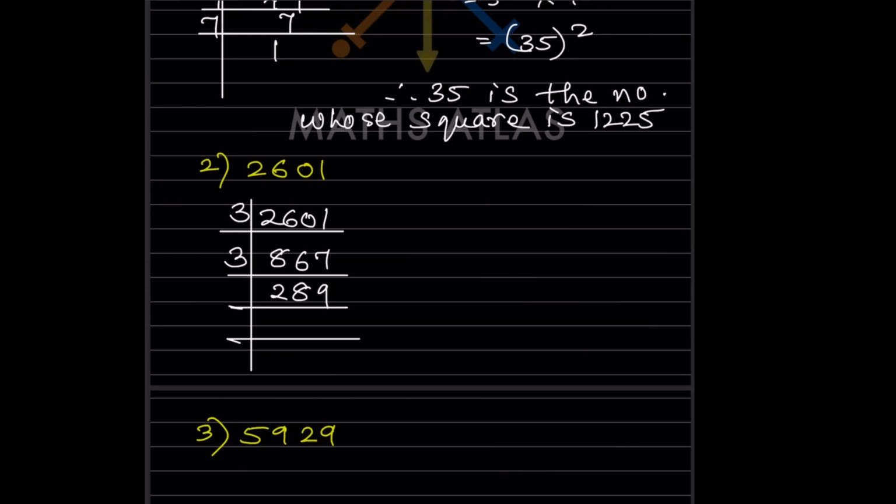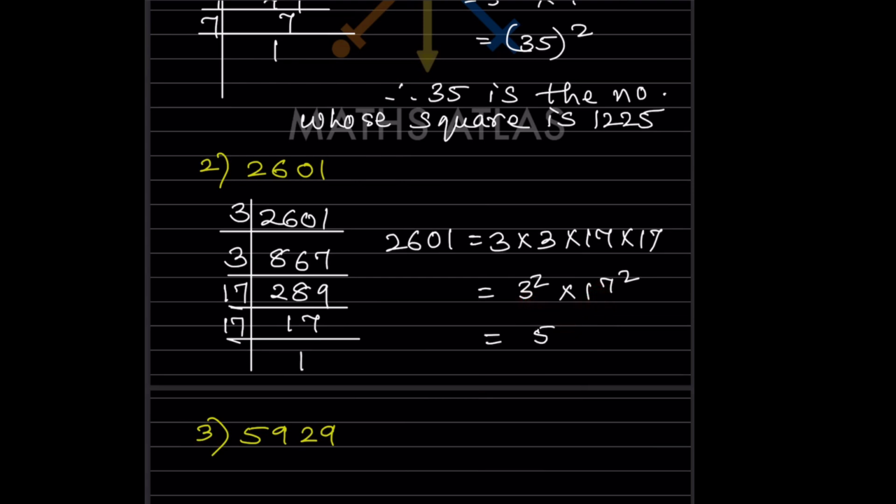Then this is again 17 square is 289. So as I said, you should know the squares, so it is easier to solve the problems. So this will be 3 square into 17 square, and that is going to be, when you multiply this into this, that is going to be 3 17s are 51 square.